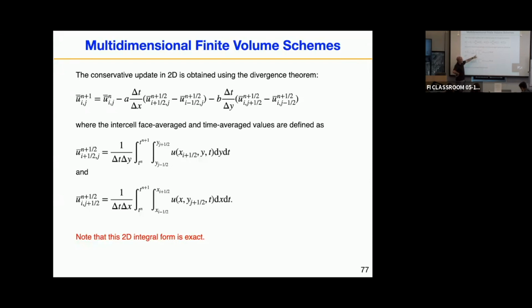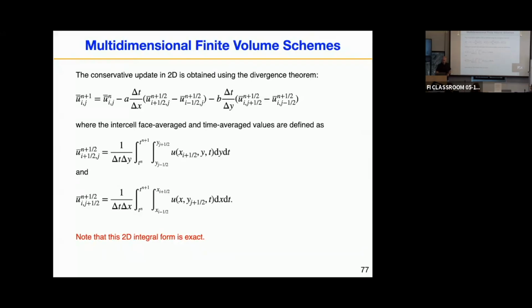That's the big change compared to 1D: in 2D you now have this integration to perform along the face. But the finite volume update is the same as before, and it's still an exact integral form. The tricky business is that you have to compute a time and a spatial average of the flux.